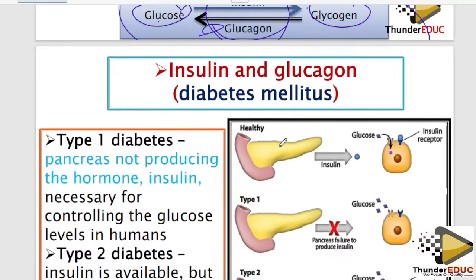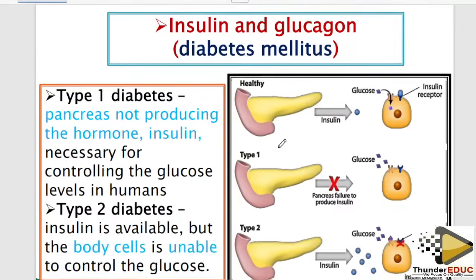If the pancreas fails to produce sufficient insulin, then you're going to suffer from diabetes mellitus, not just diabetes. Because when you say diabetes, we want to know which type of diabetes you mean, because we have 2 types of diabetes. We have diabetes mellitus and diabetes insipidus. The diabetes of sugar and the diabetes of water.